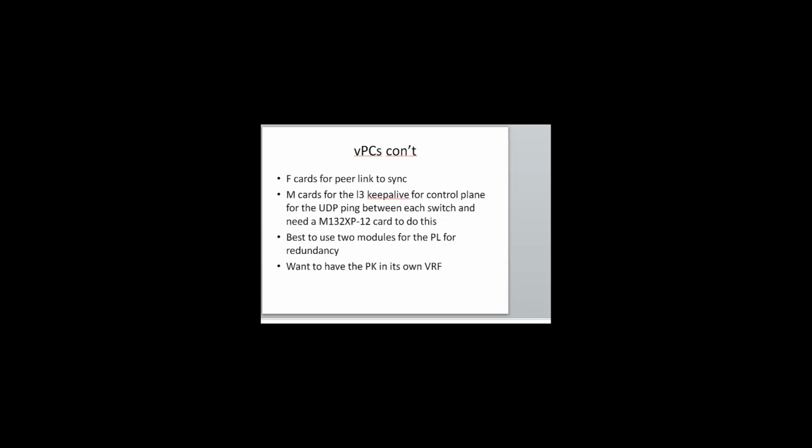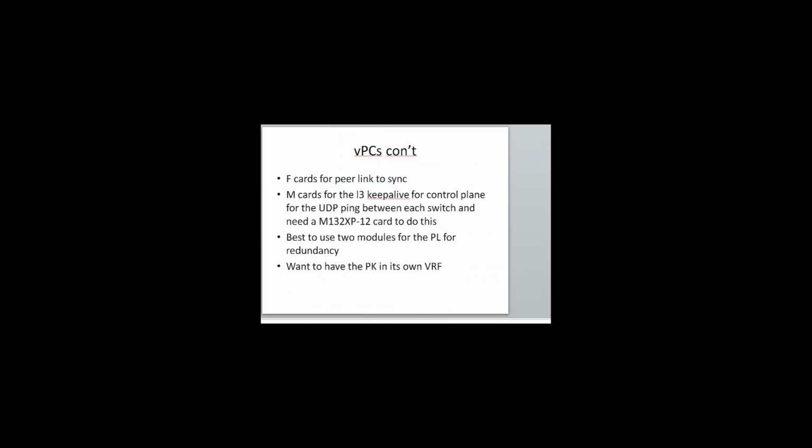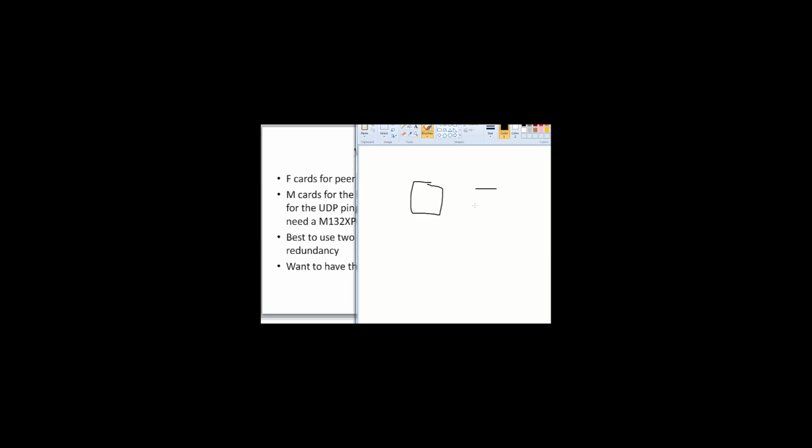Trying to fit everything in the window here. So let's say this is my VPC domain. This diagram I got off a Cisco site. It's actually not that good. Let me use Paint. So I got my two devices. Let's say they're 7Ks or 5Ks or whatever they are.